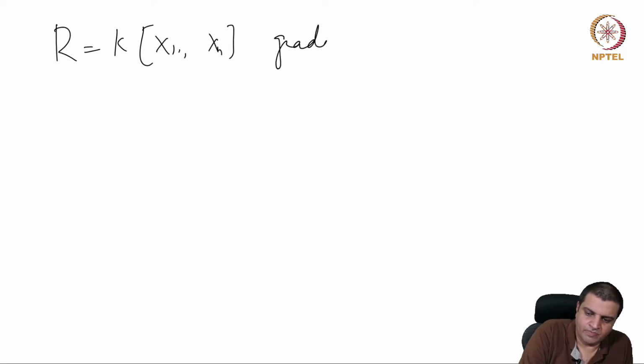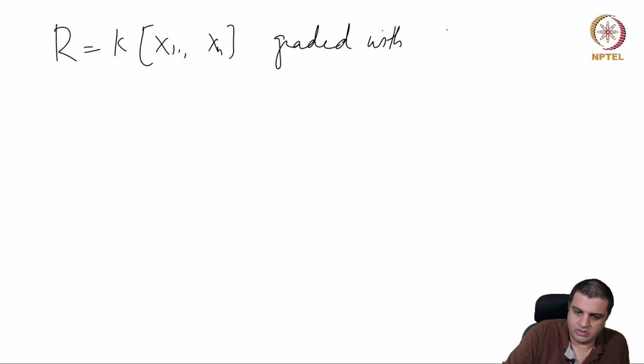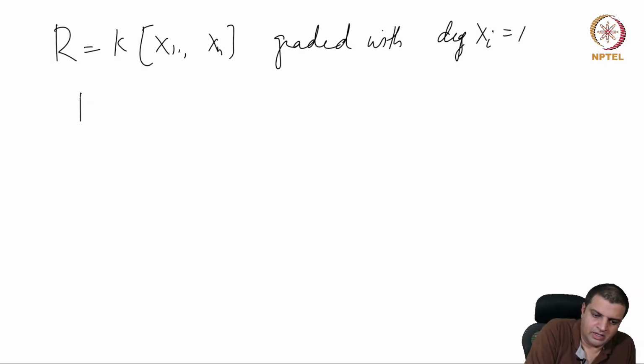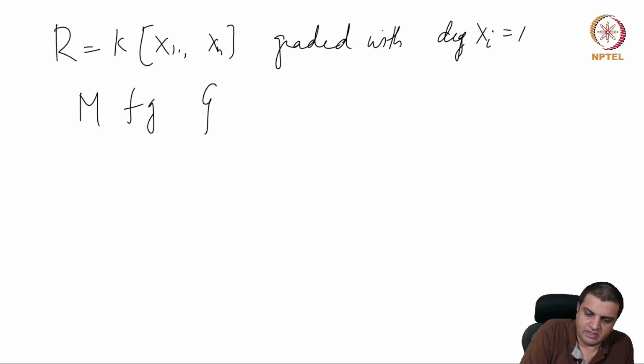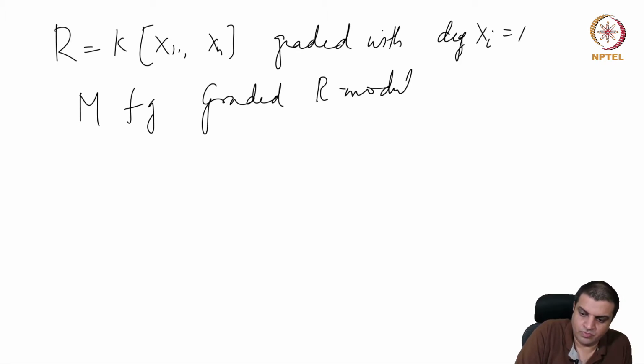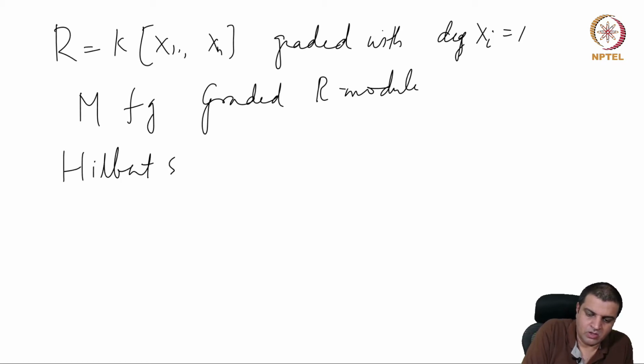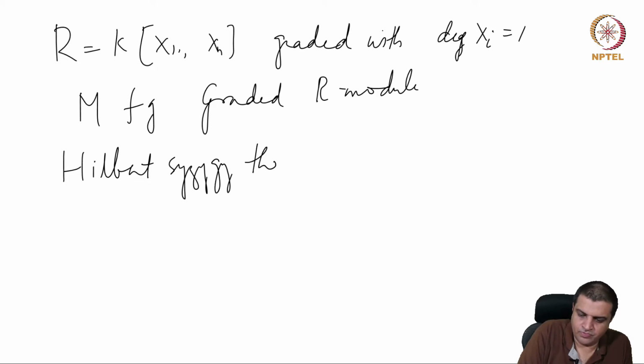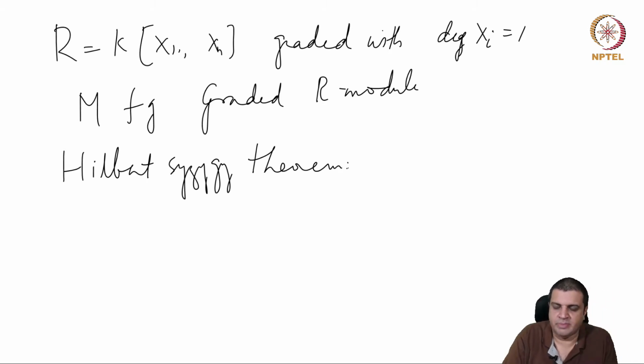graded with degree of x_i equals 1, and M is a finitely generated graded R-module. Okay. Then by Hilbert's Syzygy theorem, its projective dimension is finite.